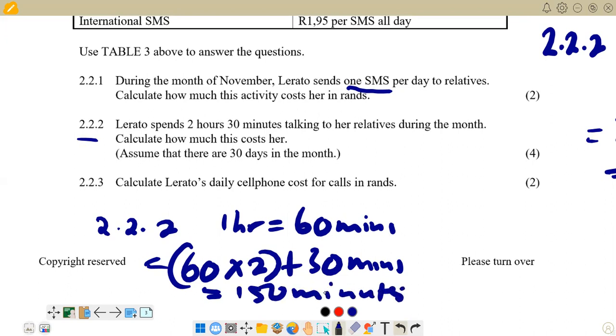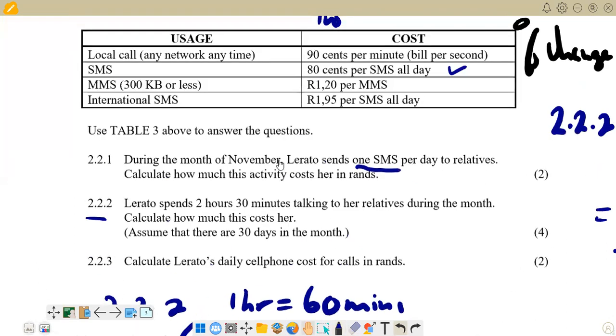And then if you go up there, remember we are told the rate per minute. That's where we have the rate per minute. They are saying 90 cents per minute. So remember our 90 cents, we convert it to rands. When we convert our 90 cents to rands, we say 90 over 100, then it becomes 0.90 rands.